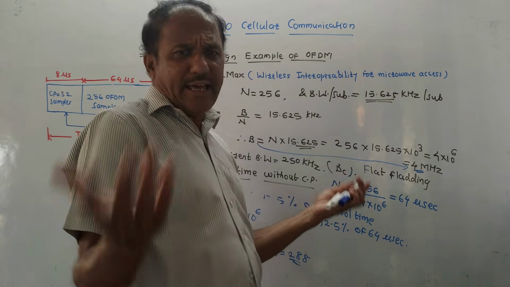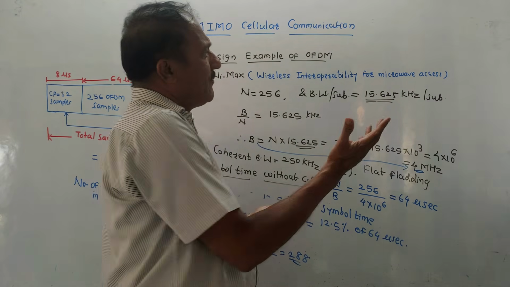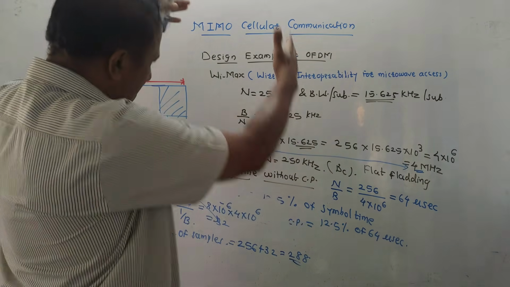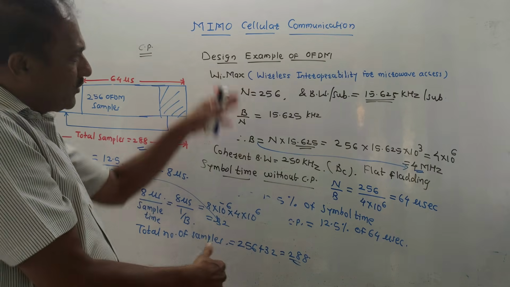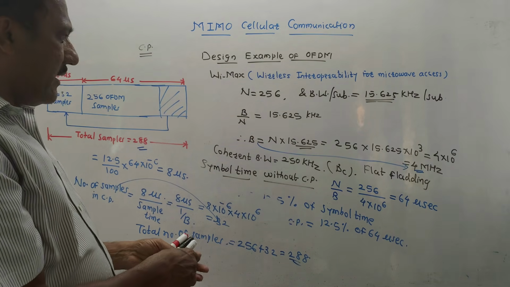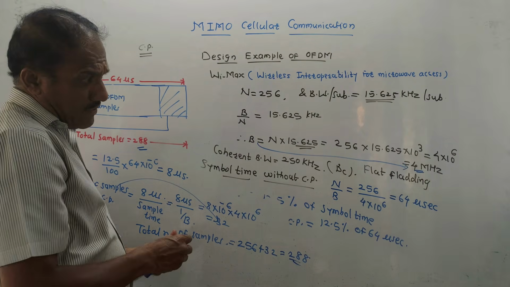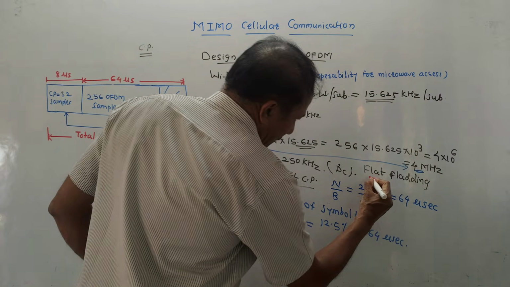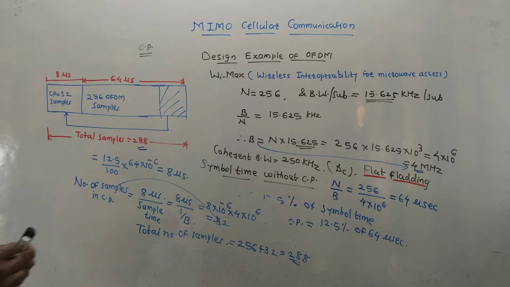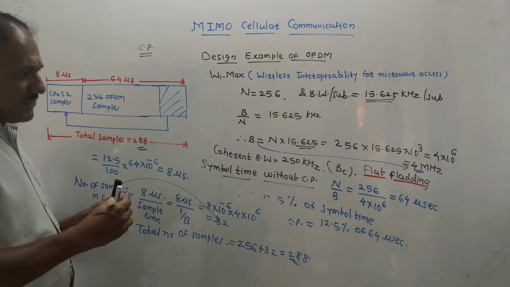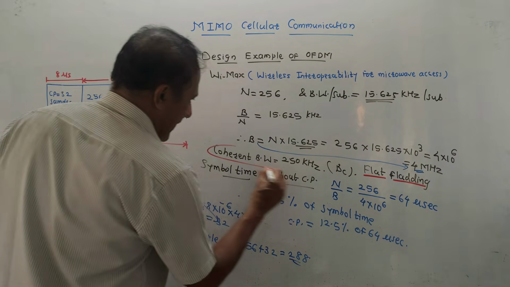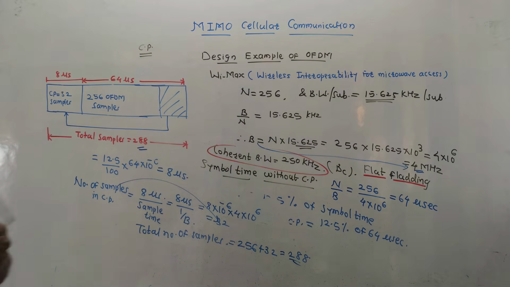The question can be like this: define OFDM and explain it with some practical example. So you can write this explanation. These are the calculations, and you need to mention all of them. You should not forget to mention the term flat fading. You get this because the bandwidth required in WiMAX is less than the coherence bandwidth, which is 250 kilohertz.